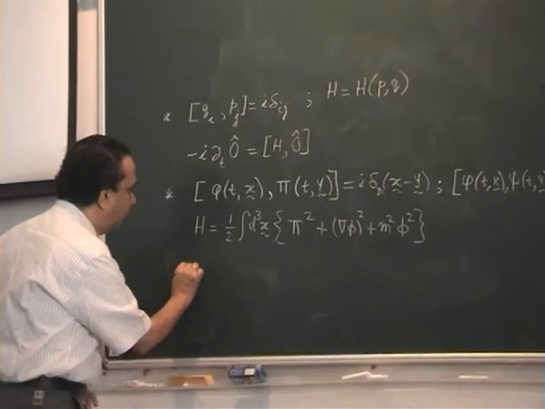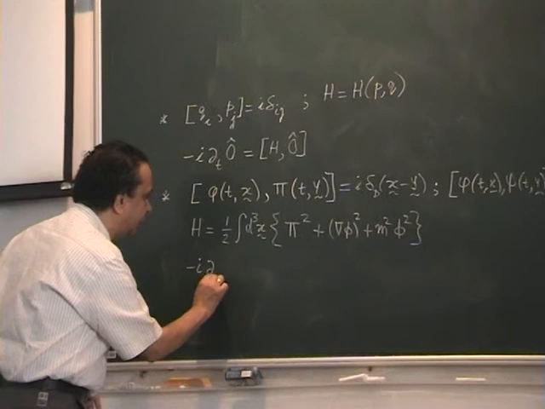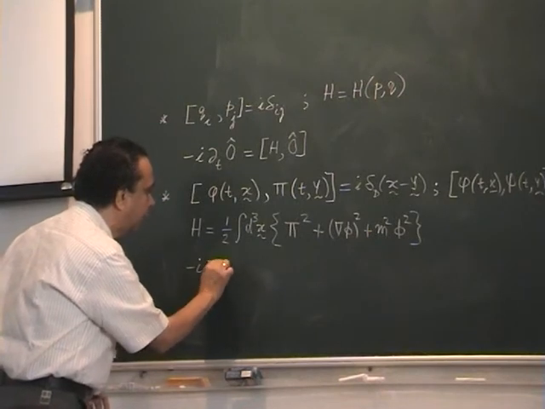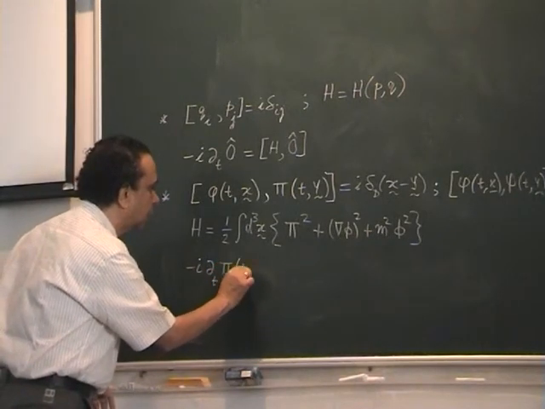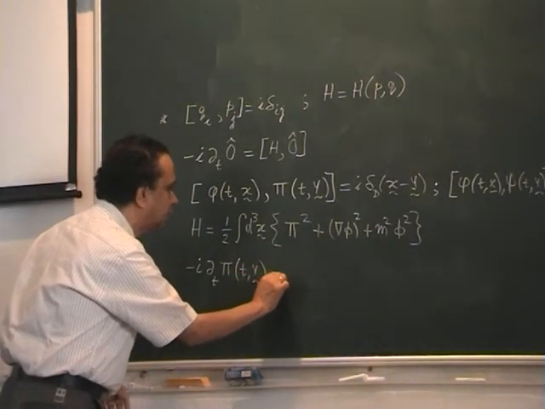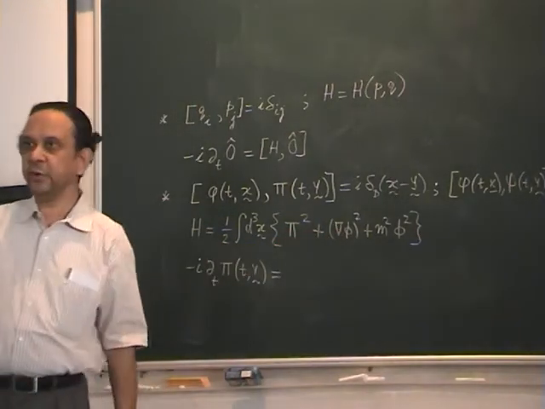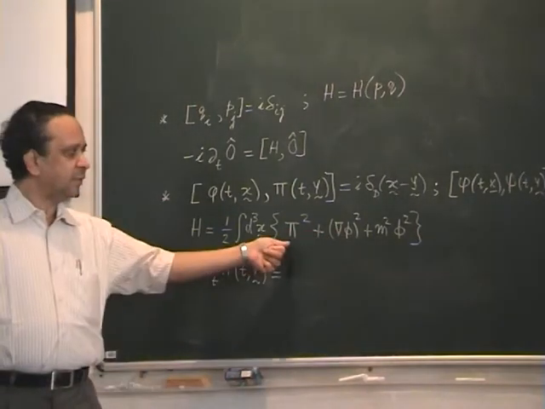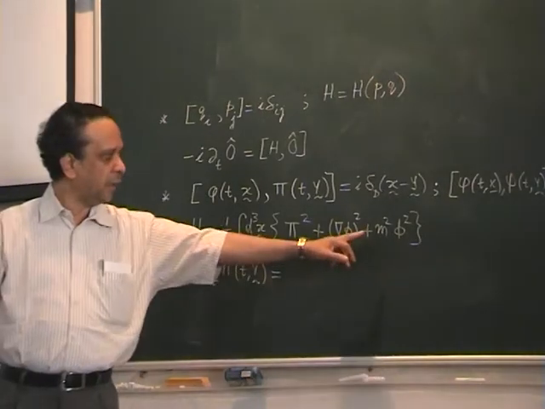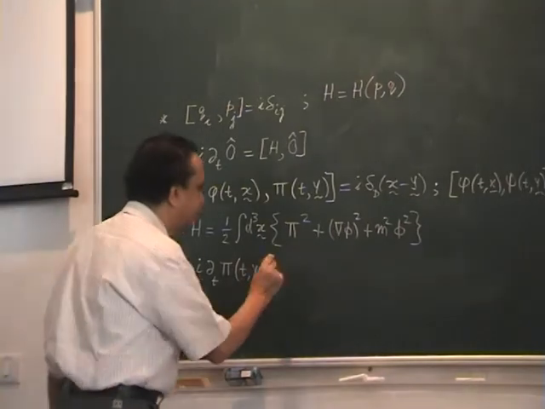So there I will have minus I dt of phi of t comma y equals, again I need to evaluate the commutator of this with respect to pi. So this term doesn't contribute, but I am going to pick up contributions from the other term. Okay. So let us try to get the signs right.